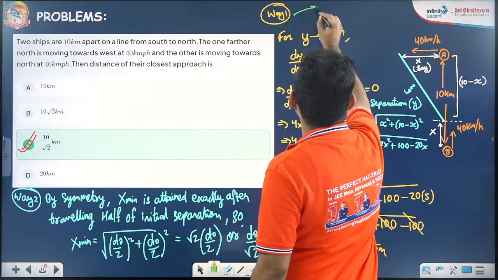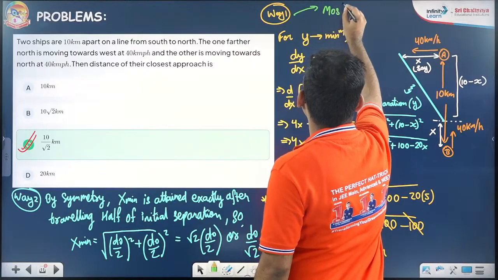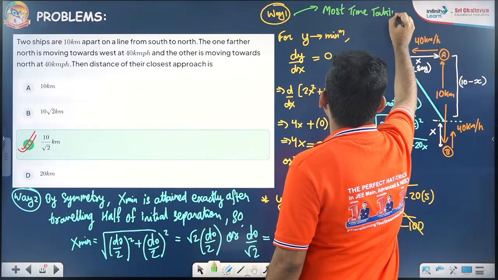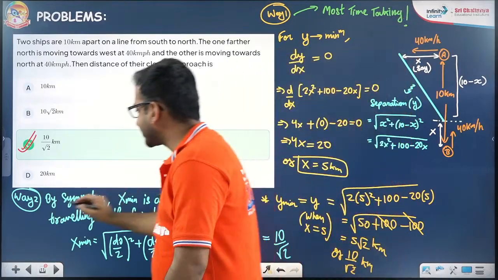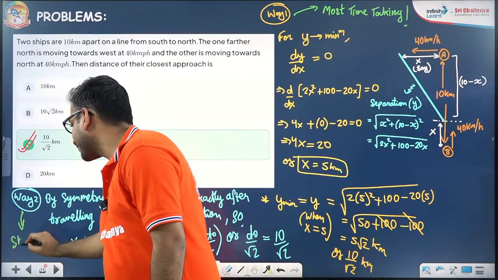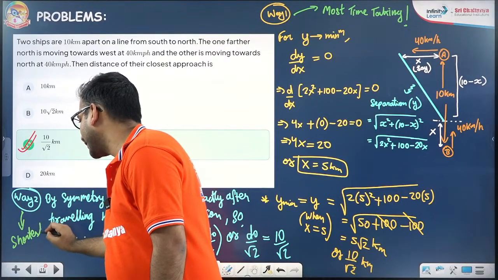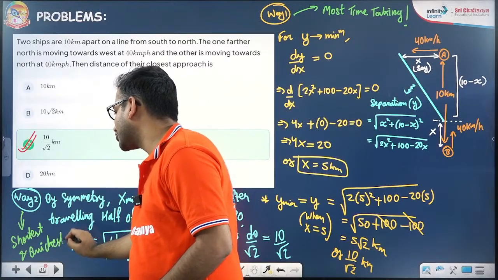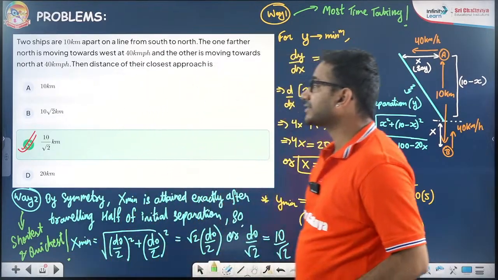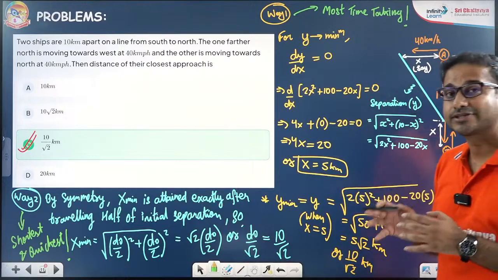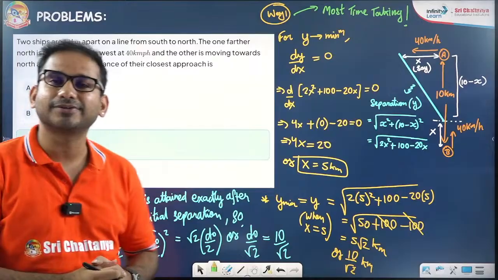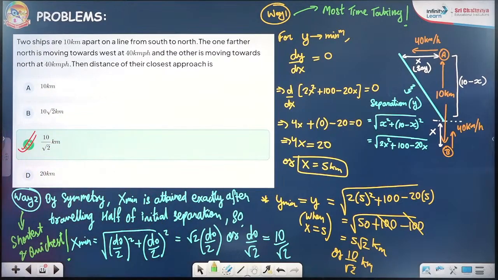See, this is the most time taking, but that is the most general, and this is the shortest way. Shortest and quickest. You don't have to think much even about the logic, but the only issue with this is that it can be applied only if the situation is symmetric. And I am saying that I am expecting this type of symmetric situation. All right, now you can take the screenshot.